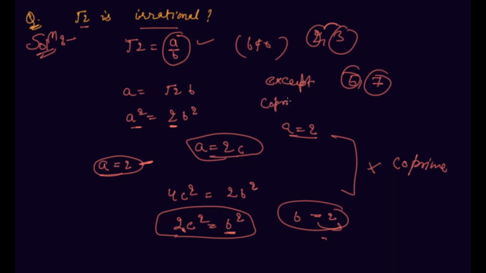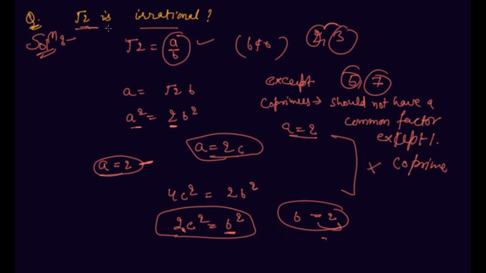Let me write what co-prime numbers are: numbers should not have a common factor except 1.